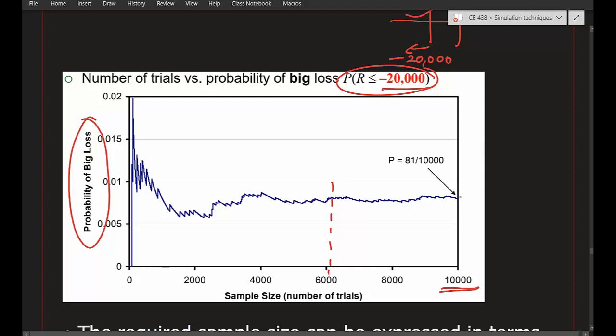I can take an even larger sample size and see that it stays convergent, so in this case we can take 6,000. If I take minus 40,000, of course, 10,000 will not be sufficient, and we have to increase the sample size further.